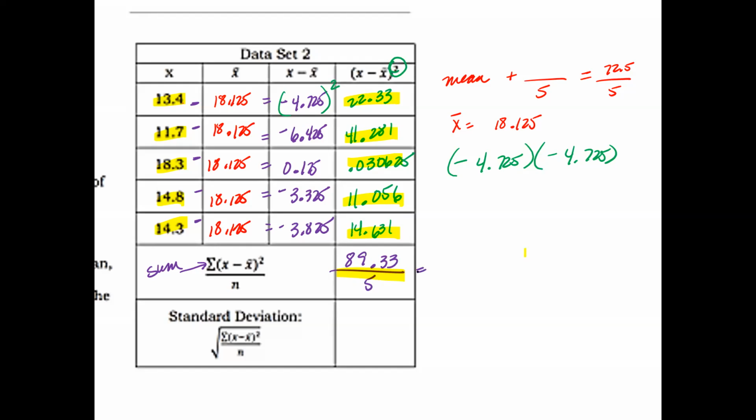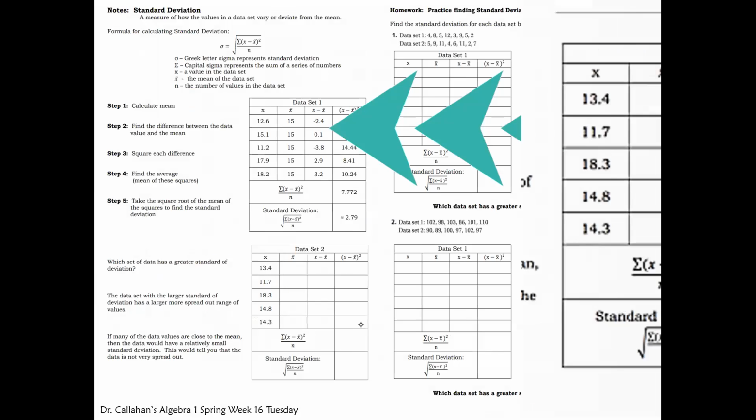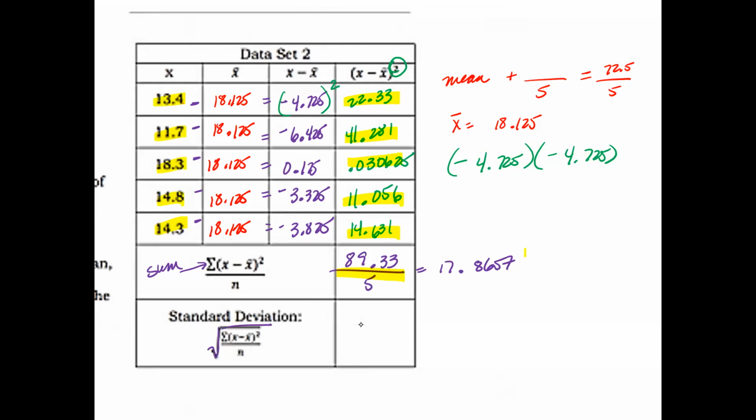So I'm going to divide it by 5, which is 17.8657. But then do you see the square root right there? So you have to find the square root button and type that answer in. Hit enter, and then you should have 4.226. And this right here is your standard deviation.